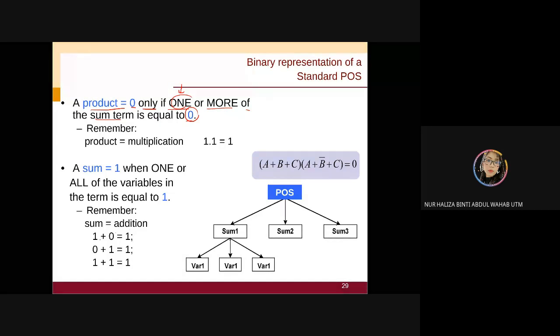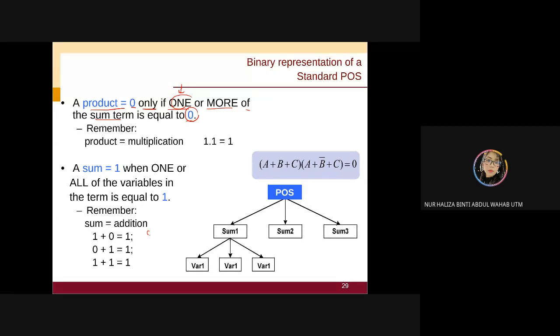This one is addition, I guess supposedly it's going to be multiplication. 0 multiplied with 0 equals 0. 0 multiplied with 1 equals 0. 1 multiplied with 0, you will get 0. And 1 multiplied with 1, you get 1. That's why you're going to look into this part. Sum equals 1 when all variables are equivalent to 1.